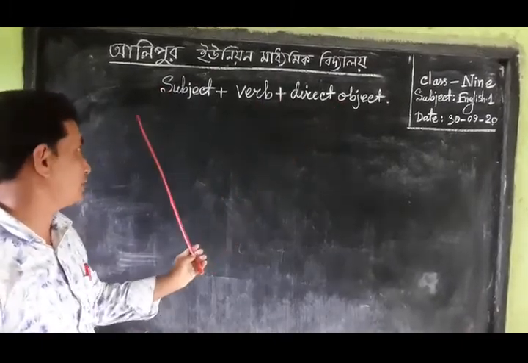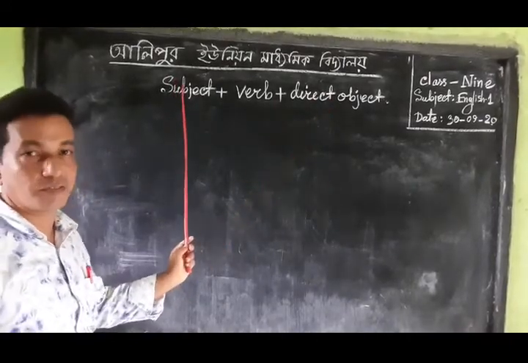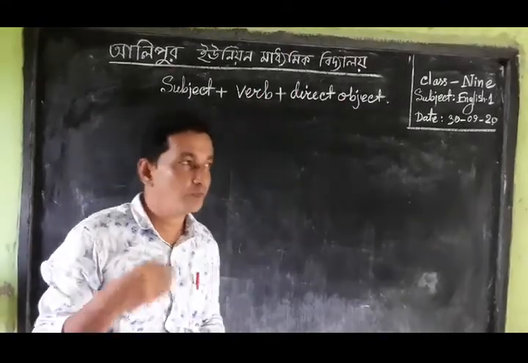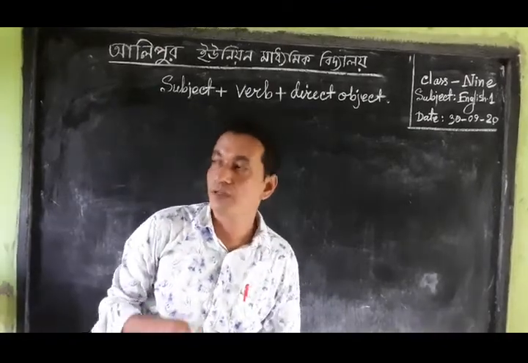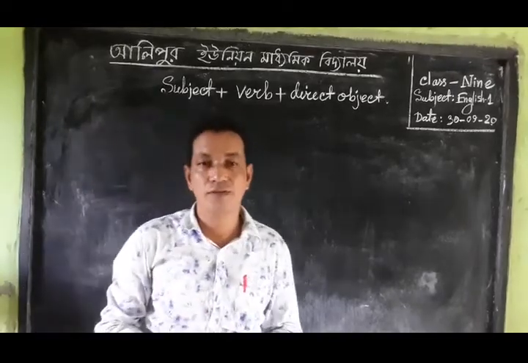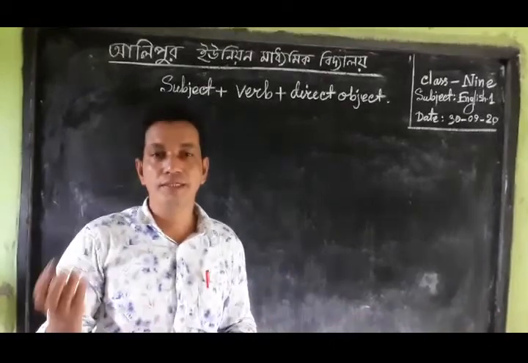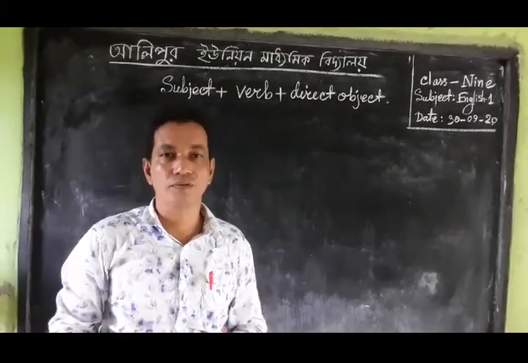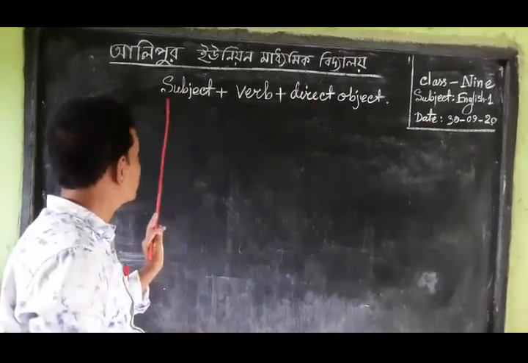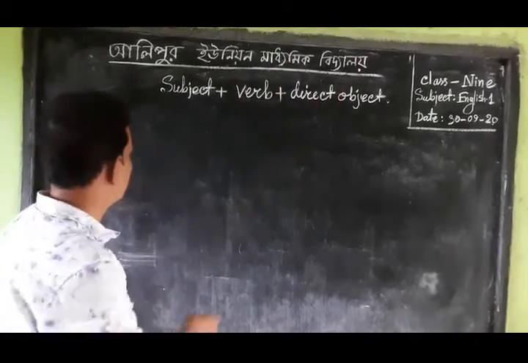There is also a structure of a sentence, and there are three elements here: subject, verb, and direct object. And you know that objects are of two kinds: one is direct object and the other is indirect object. When we indicate something, it is called a direct object, and when we indicate a person, it is called an indirect object. So here our topic is direct object: subject, verb, direct object.